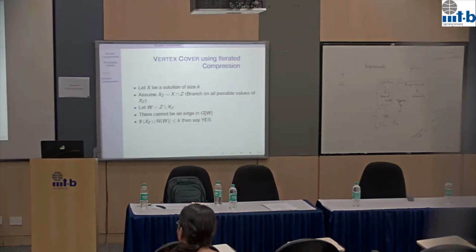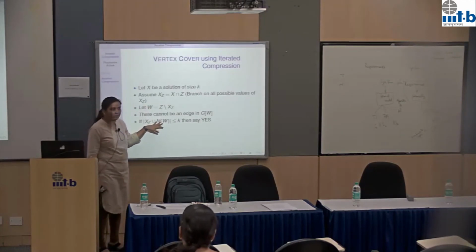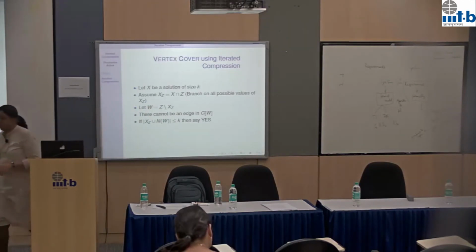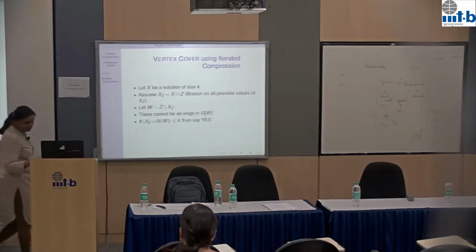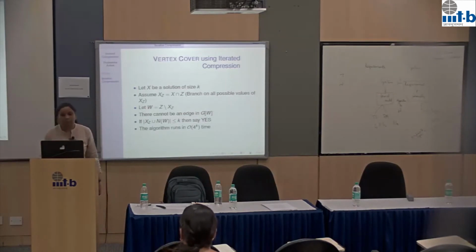All the work after you find XZ is polynomial time, so it depends on how many values of XZ there are. They are all subsets of Z, so 2 to the power 2k, since we started with a Z of size 2k. Therefore, the algorithm runs in 4 to the power k time.